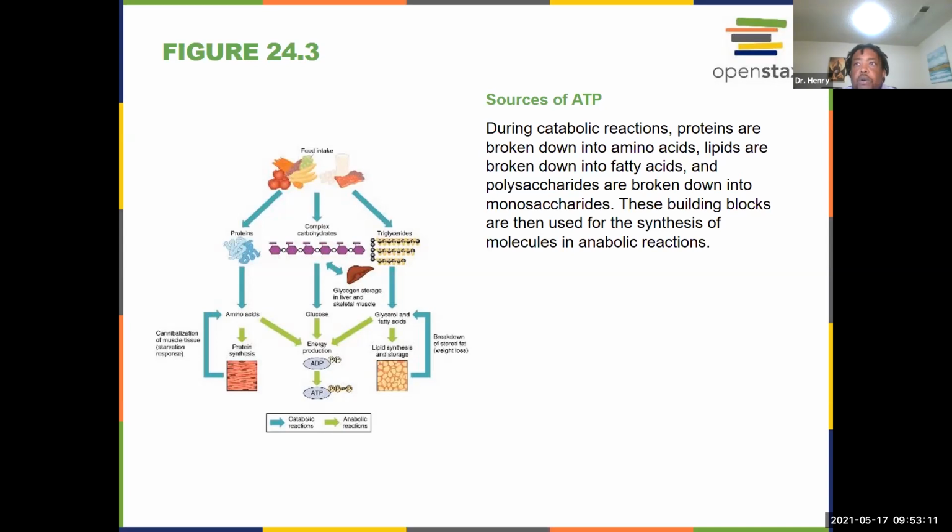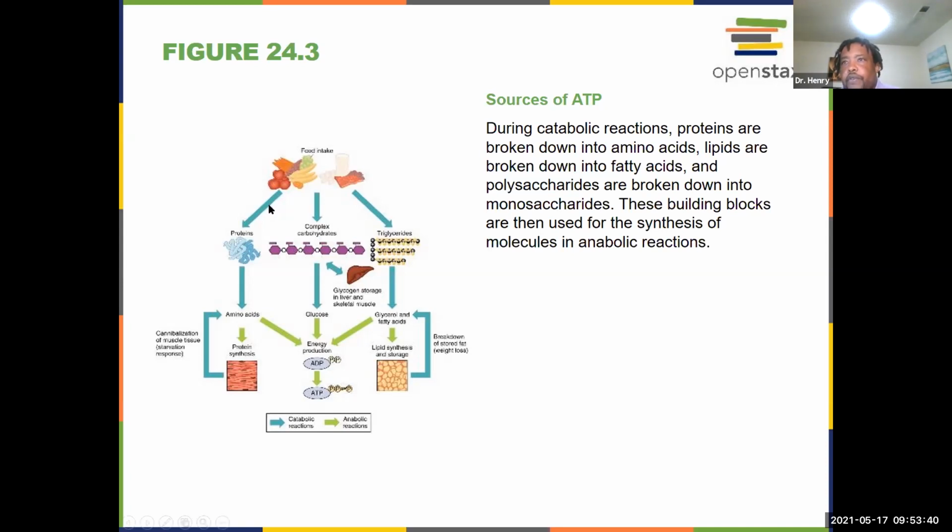Okay, so when we eat, that's what we take in, right? And so that's going to be our initial source of ATP. But we're not getting pure ATP. We're going to be making that ATP from these different sources by processing those foods, and we're going to be getting into that in a lot of detail for this chapter.